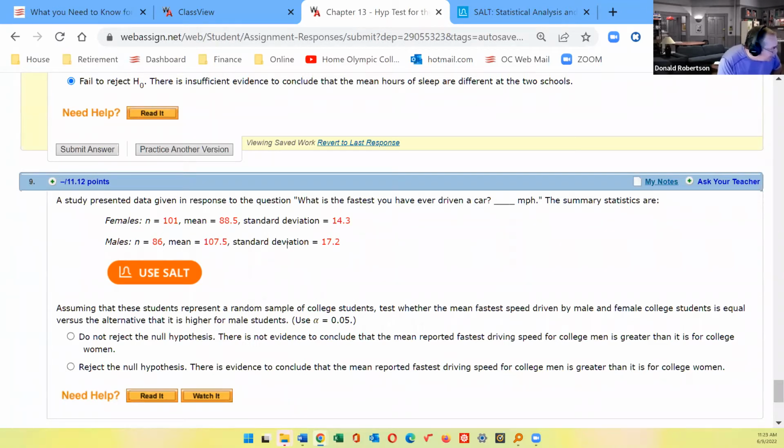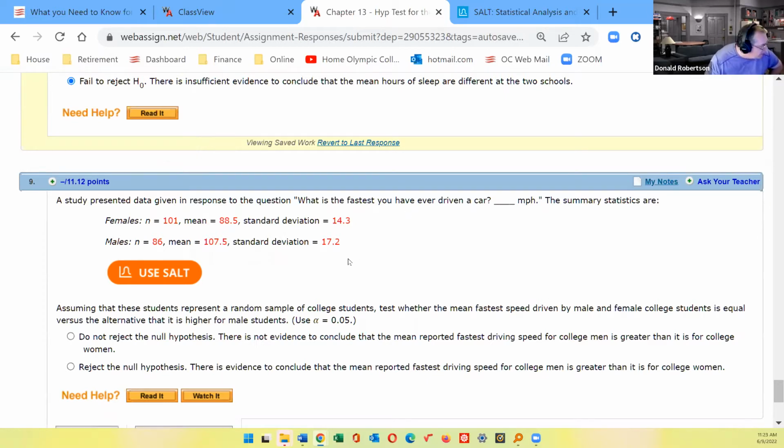And in that sample, it was 101 females that they checked with. And in the second group, which is the males, the mean is 107.5. The standard deviation was 17.2. And the number in that sample was a slightly smaller number, it's 86.